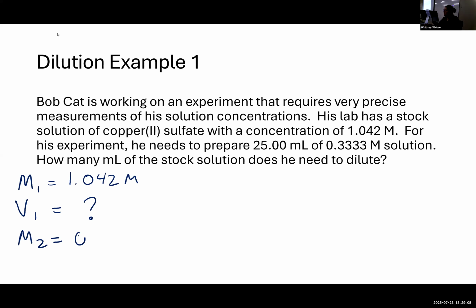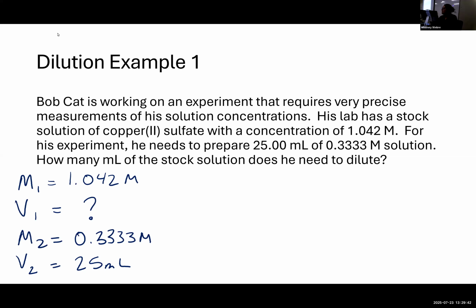Our goal is to create a 0.3333 molar new solution. And that volume needs to be 25 milliliters. So that will be the hard part for this problem, is using VERSE to assign those variables. Just remember the 1s and the 2s need to be in the correct order. So 1s will be concentrated, 2s will be dilute. So that's why I was assigning M1 as 1.042 and V1 being what we're looking for.